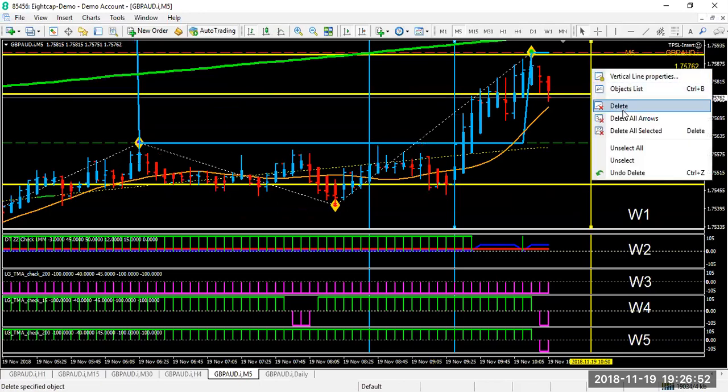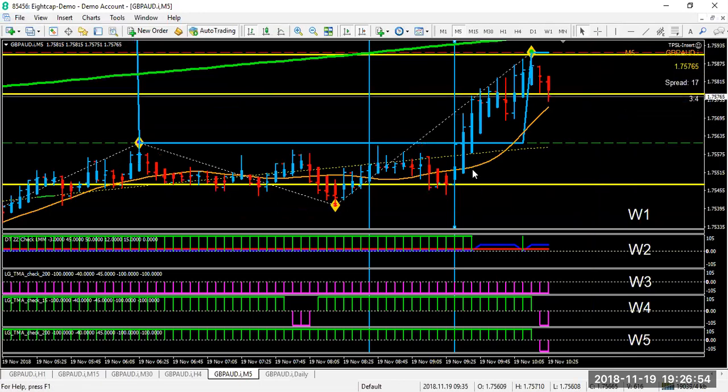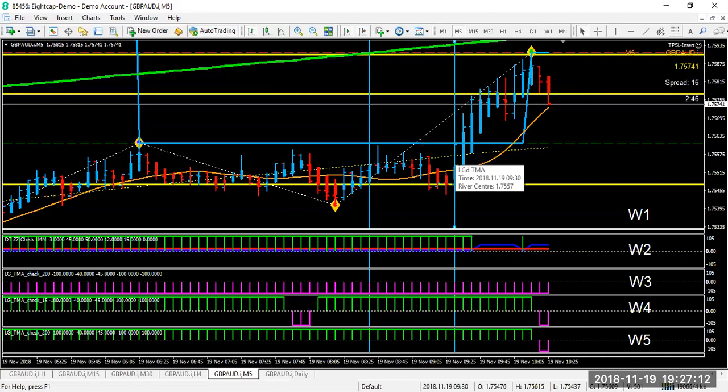Let's get rid of that one. Okay, so vertical line appears. You come to your computer, criteria. Is there a vertical line? Previous candle? Yes. Is river center line dotted yellow or pink?